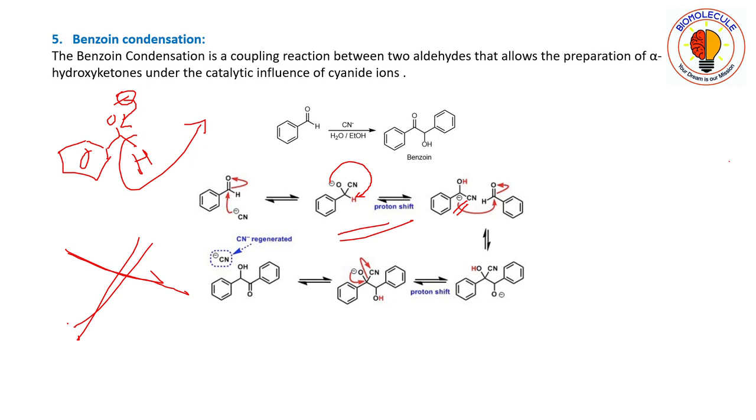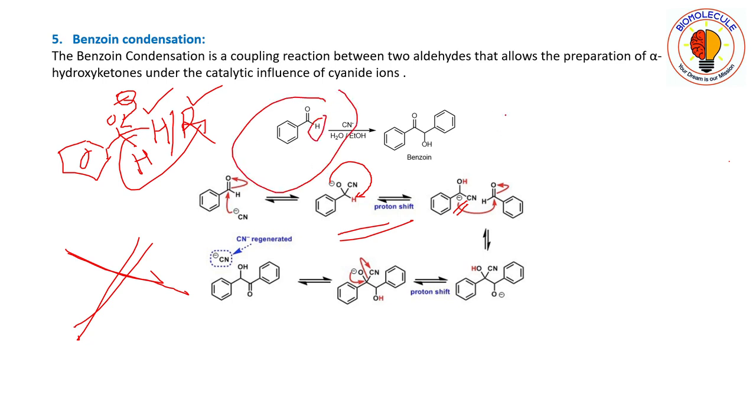The simple reason is that in Cannizzaro type reaction, you are getting this type of alkoxide where hydrogen atoms or any alkyl group was present. If you have taken benzaldehyde, then it would be a hydrogen atom.